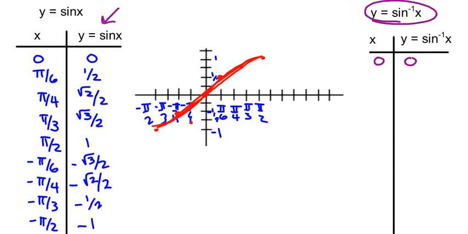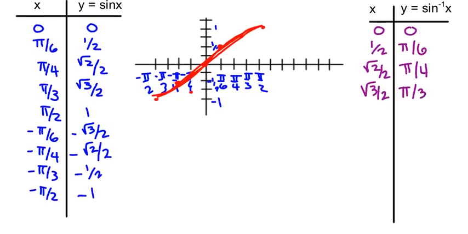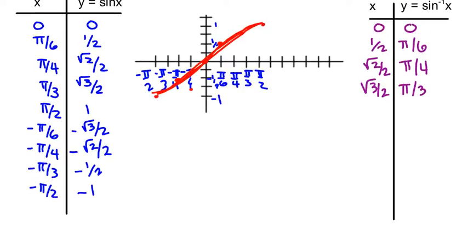The next one, 1/2, pi over 6. The next one, square root of 2 over 2, pi over 4. Square root of 3 over 2, pi over 3. 1, pi over 2. Negative square root of 3 over 2, negative pi over 6, and so on.